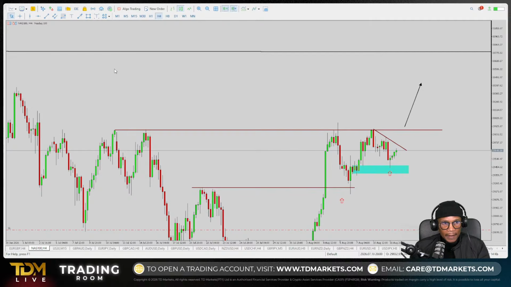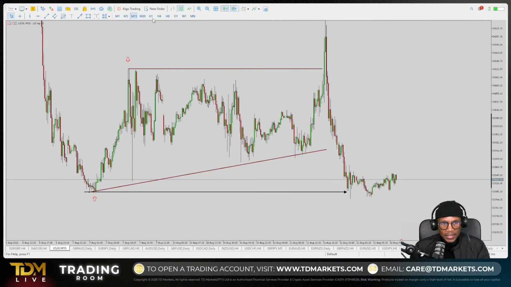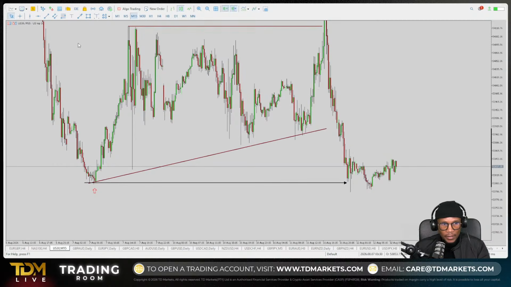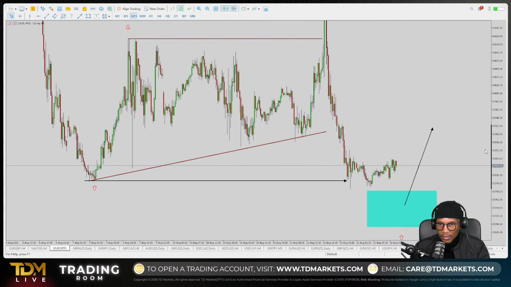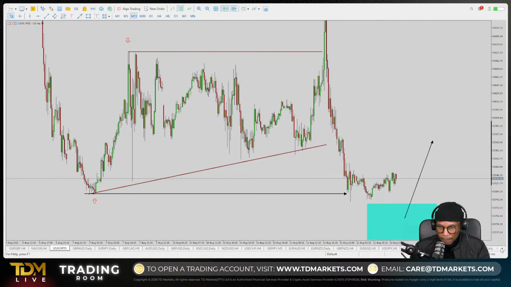But Nasdaq is bullish. US 30 might first go down one more time and then start pushing up from there.